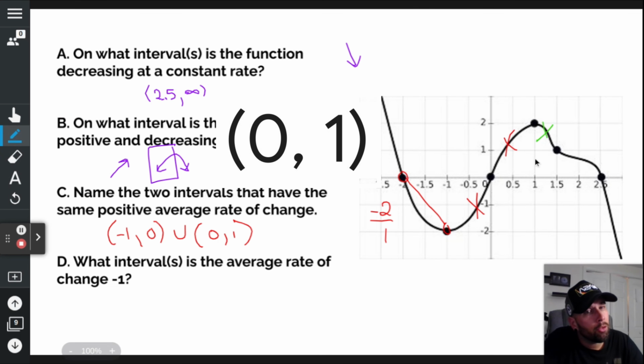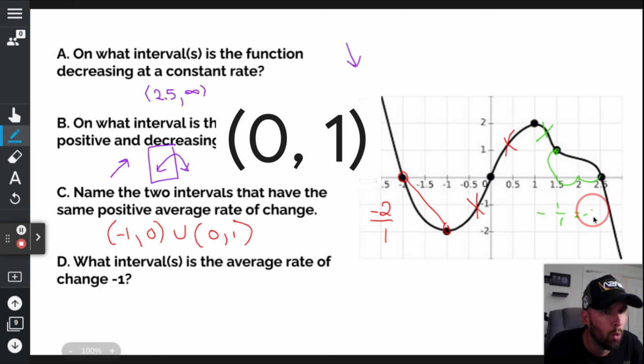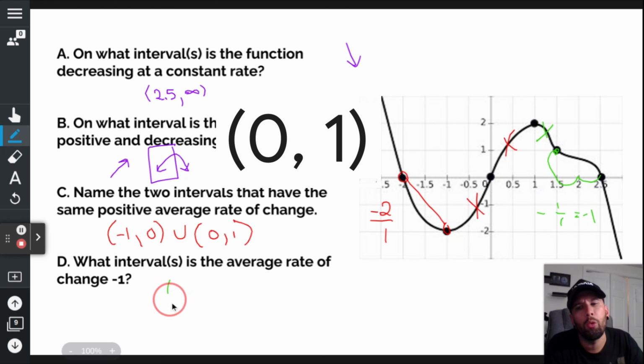So that gets rid of that option and leaves what must be it. Down 1 over 1/2 units, which means down 1 over 1/2, -1 over 1/2... and that happens between 1.5 and 2.5. Tricky. Oh, so tricky.